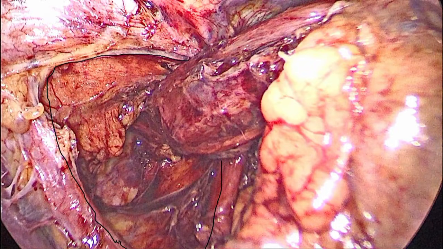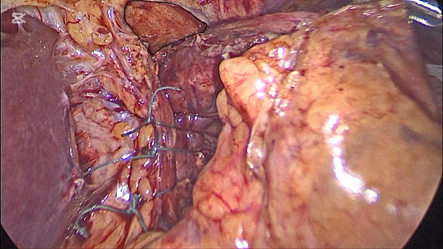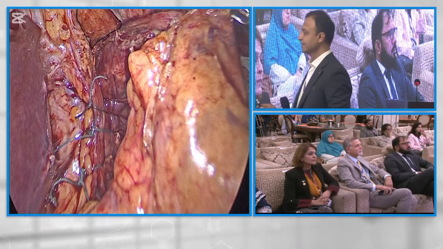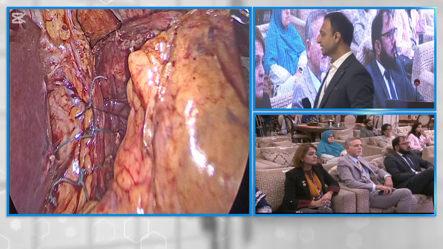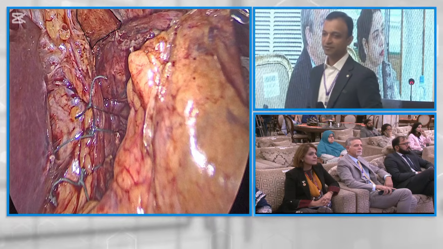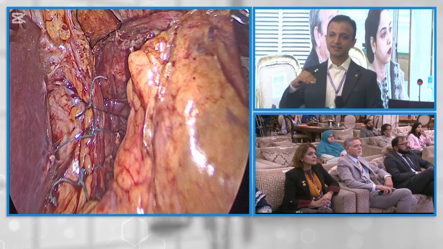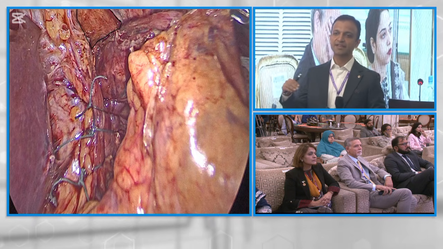So again, coming back to the example of a giant hiatus hernia, you can see after mobilization, the esophagus is comfortably lying in the abdomen, and there is a huge defect. So most commonly, posterior cruroplasty is recommended, but there is an extent to which you can do the posterior cruroplasty, because at some point you will see that the esophagus starts bending or kinking forward.